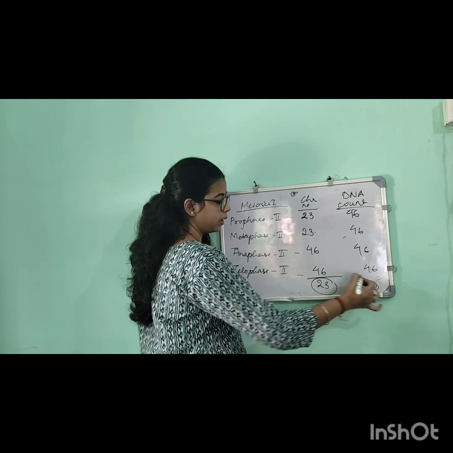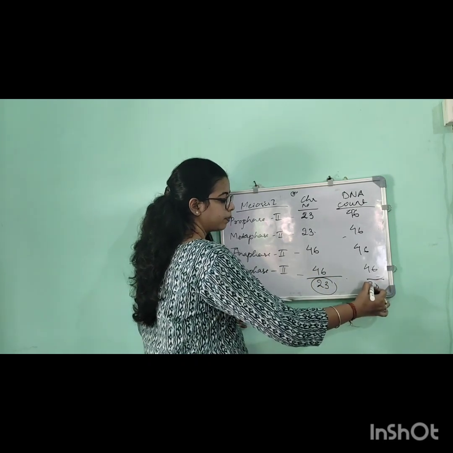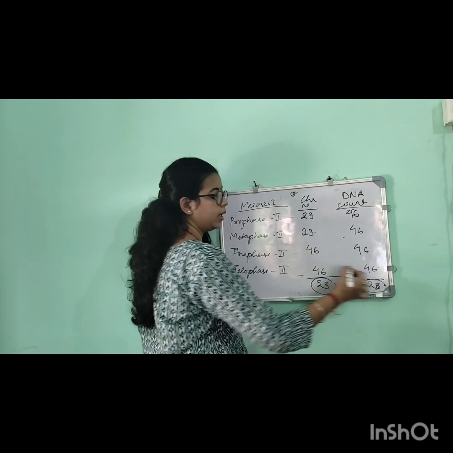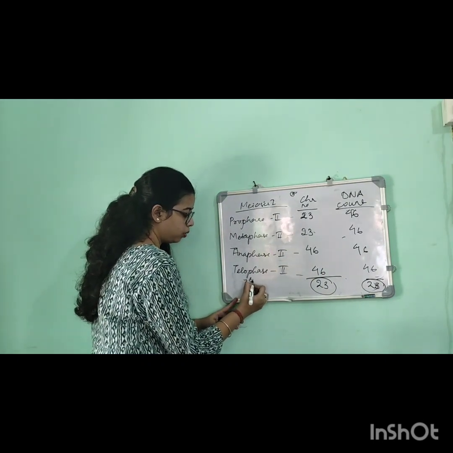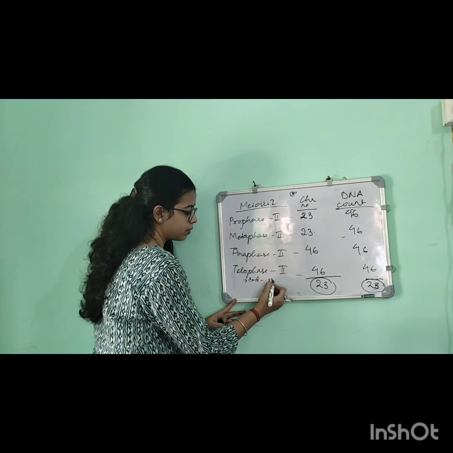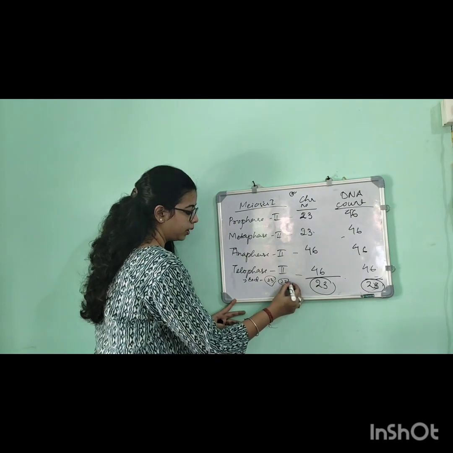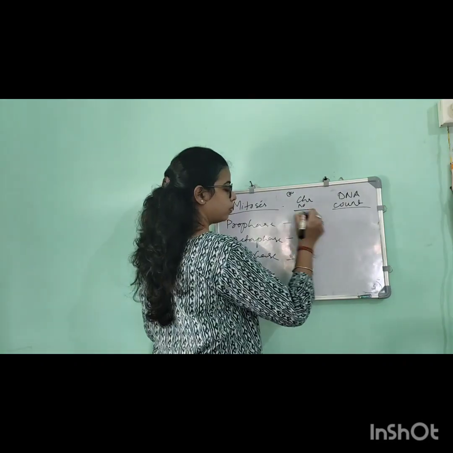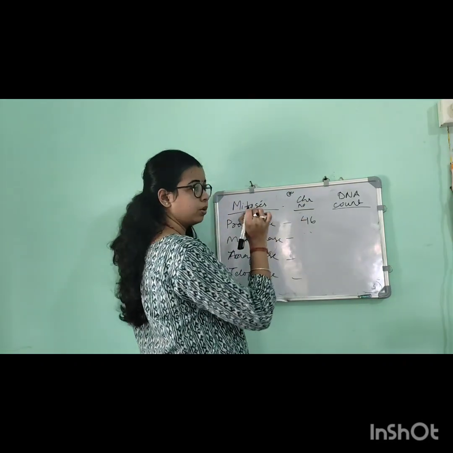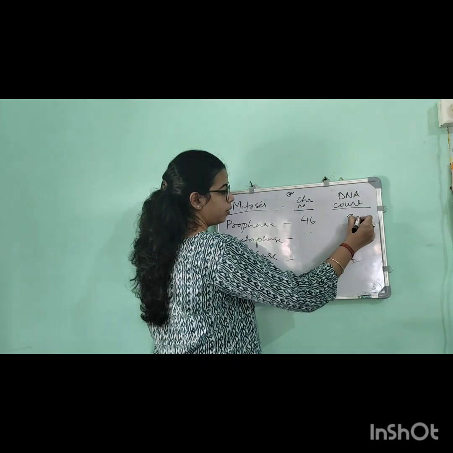So each daughter cell will carry 23 chromosomes and 23 DNA.